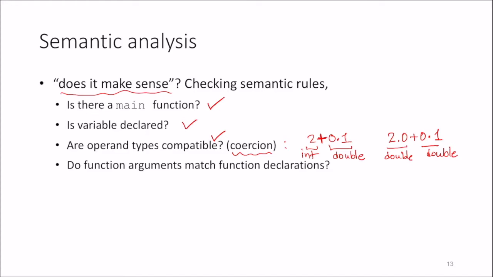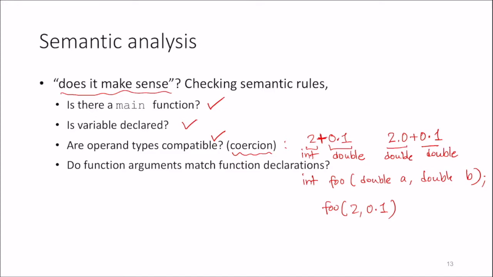So let's say I have declared a function called foo, which returns an integer, and it takes double A and double B, right? So this is my function definition, and I want to call this function. So I'm calling this function with 2 and 0.1.